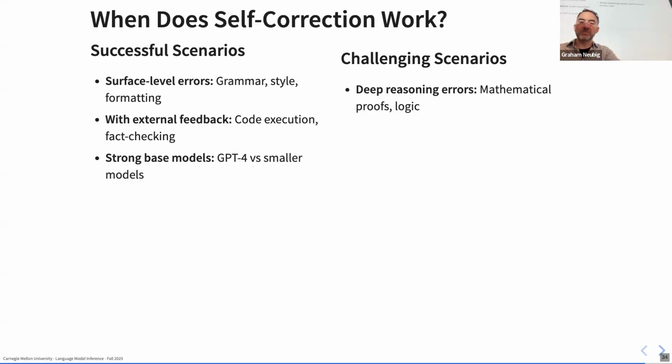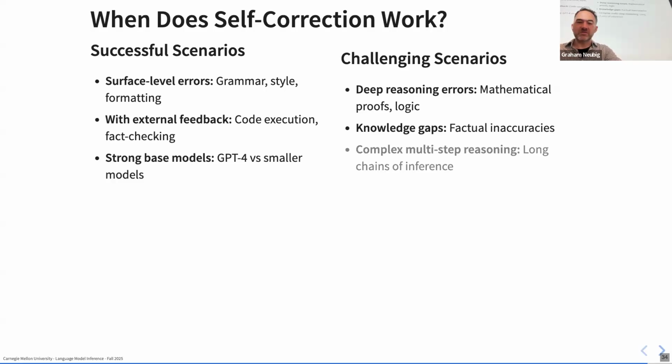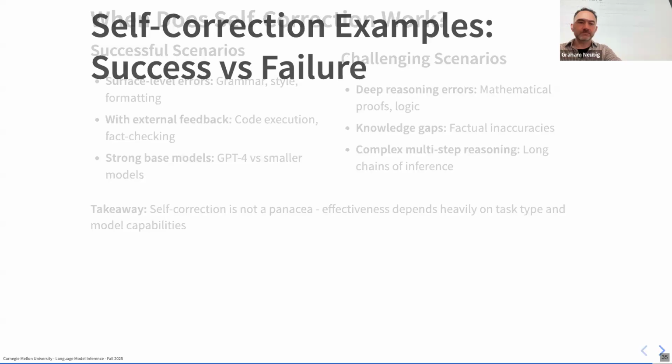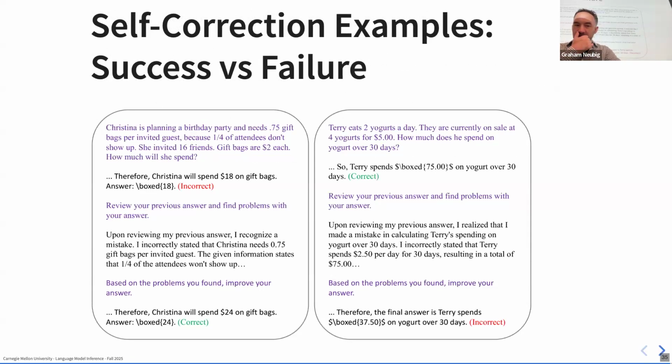So these experiments were run with models that were not specifically trained to be good at these tasks. Also knowledge gaps. So if the model doesn't know a particular fact, you can't really have it self-correct. And also complex multi-step reasoning. And here are a few examples.